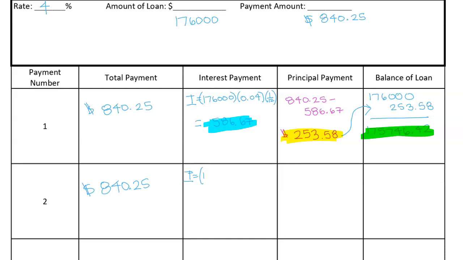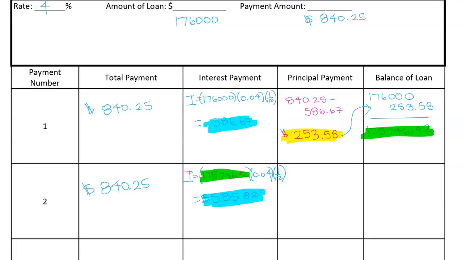It is the $175,746.42 times the rate times 1 month, which is 1/12 of a year. Now, when I put this into my calculator, I get $585.82. This is the interest amount that is paid with our payment.